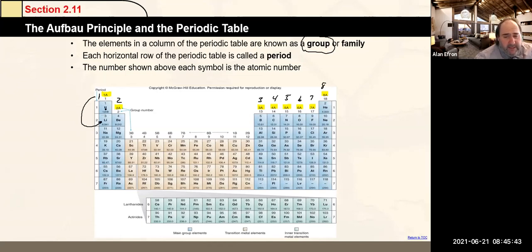It's there for a special reason, because hydrogen has a lot of special properties, but it's not part of group 1, and that's an important thing to remember. Group 1 starts with lithium, and then sodium, potassium, and so forth. Years ago, on really old periodic tables, they would actually put hydrogen on both the left-hand side and right-hand side. You would find hydrogen over here as well in some periodic tables.